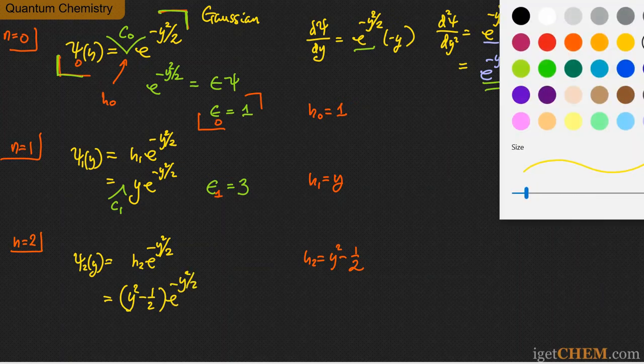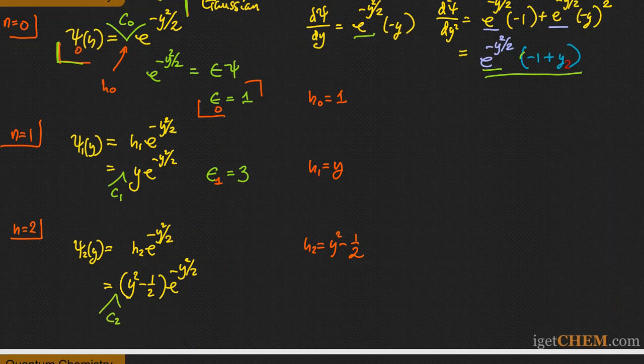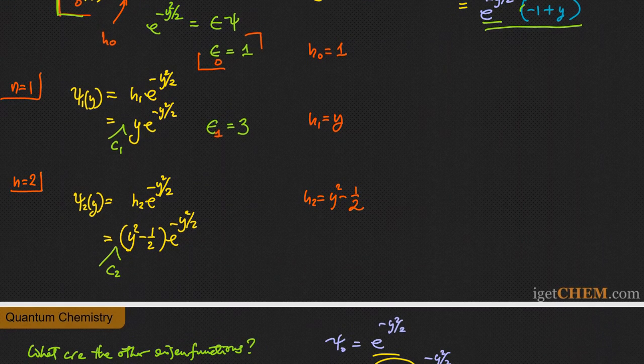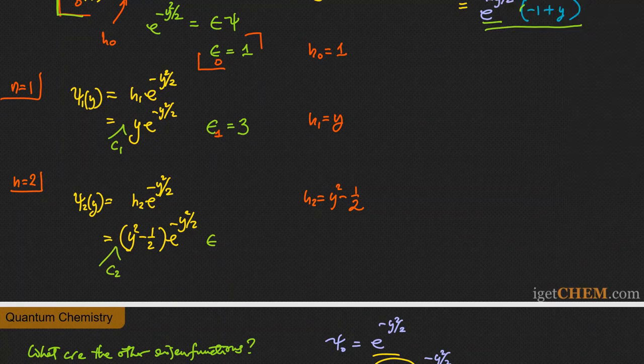Again, the normalization is something that we cannot determine from solving the Schrodinger equation or the equation for h. We will have to fix that by the normalization of the wave function. But now we do know the eigenenergy. The eigenenergy corresponding to this third eigenfunction is epsilon 2 equals 5.